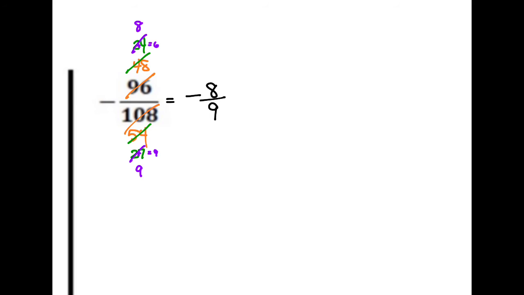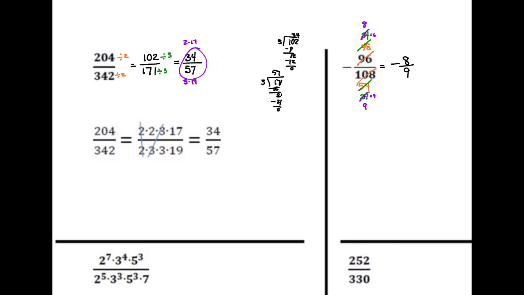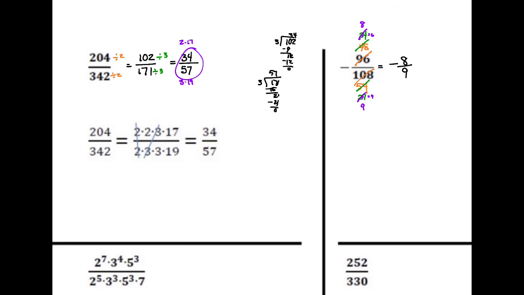Okay, I'm going to zoom back out so you can see those two in the same screen. So you're going to use a lot of space when you have big numbers. It's either going to be sideways like this one, or it's going to be vertical like this one. Or you're going to need to know bigger numbers that divide into the originals.